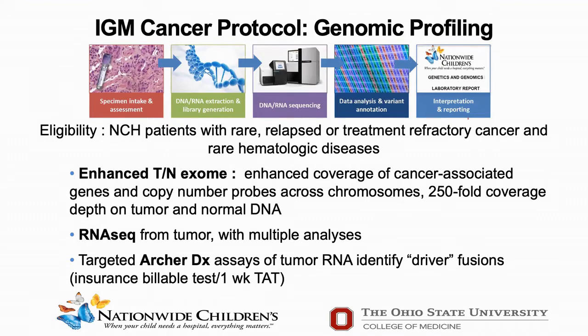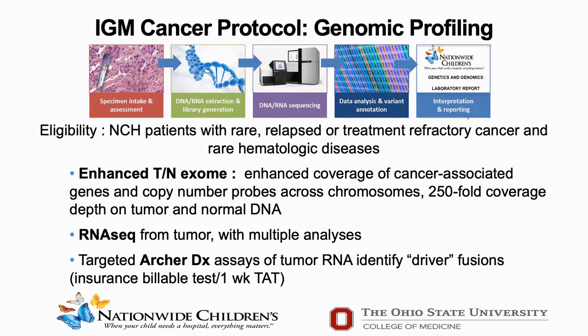So we really have in the mix here not only the ability to capture all genes, but also the ability to pull down sites along each chromosome at about 30 kb resolution. This gives us reasonably high level copy number information. We're typically aiming at about 250-fold coverage depth on tumor and normal DNA.